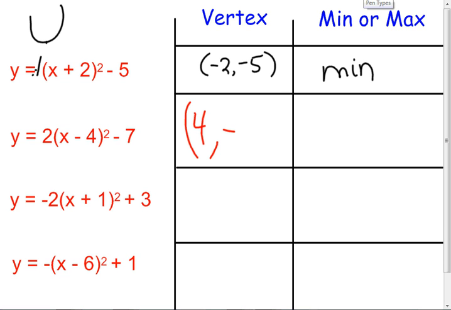And you guys check. Did they do it right? So we're going to fill in this little chart. Put the vertex in. Tell me if it's a max or min. Are they right? 4, negative 7? Yeah, it's positive, right? Yep.